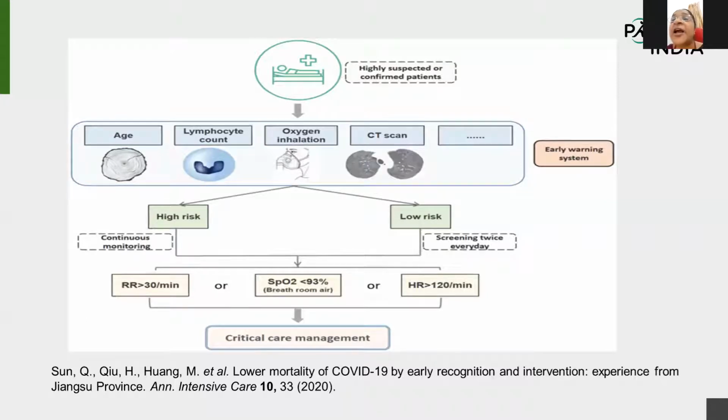If it's high risk, that means lymphopenia, high age group, etc., they need continuous monitoring. The other is low risk, and screening twice every day is sufficient. A respiratory rate of more than 30 per minute, or SpO2 less than 93%, or heart rate more than 120 per minute, then patients go into critical care management.